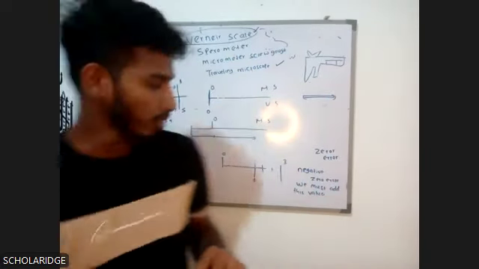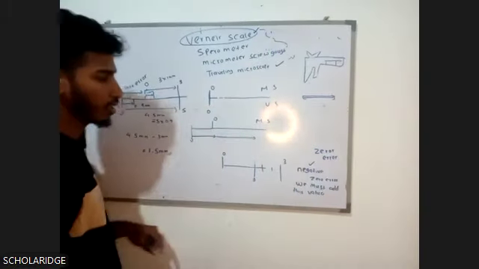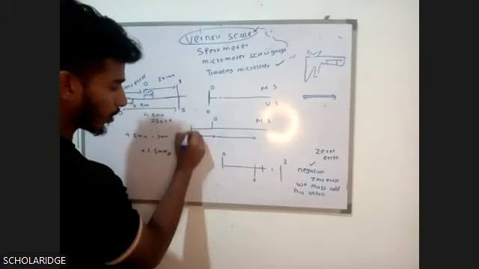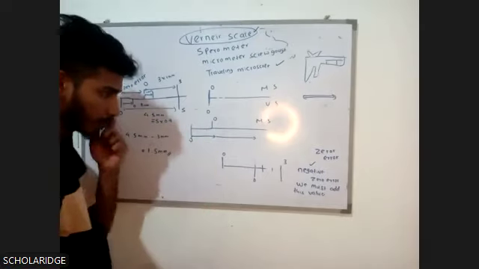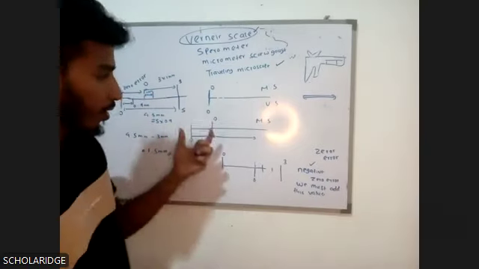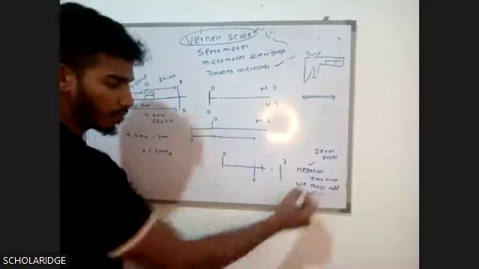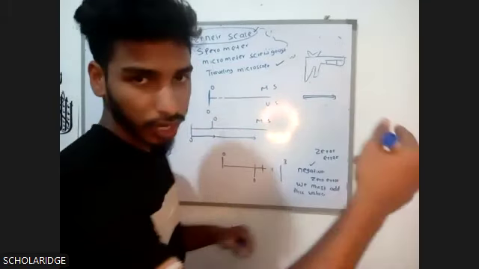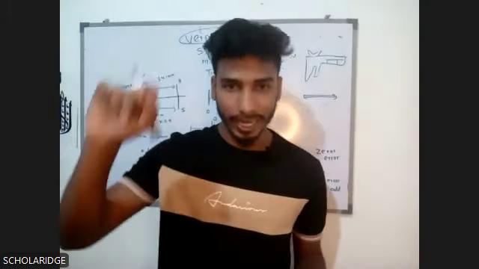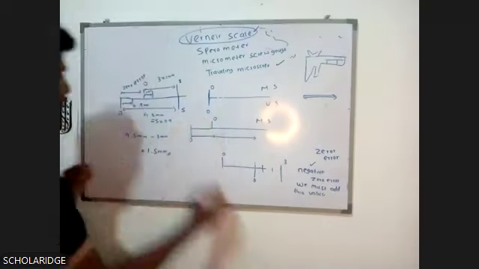Right? So this is my first case, negative zero error. When the zero mark of the vernier scale is to the left of the main scale, will be resulting with a negative zero error. And we must add this to my final value to obtain a right answer. How you are going to find the negative zero error?